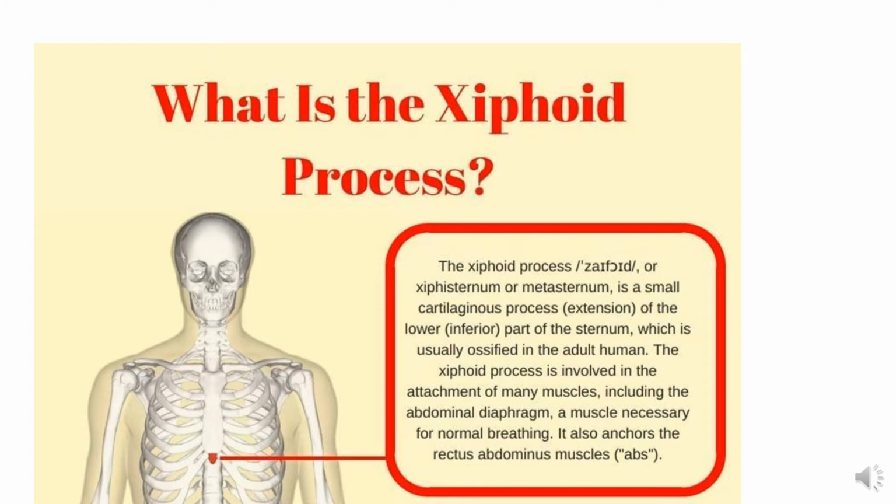The xiphoid process is the tip of the bone, and it gives attachment to the diaphragm, muscles of the anterior abdominal wall and the linea alba.